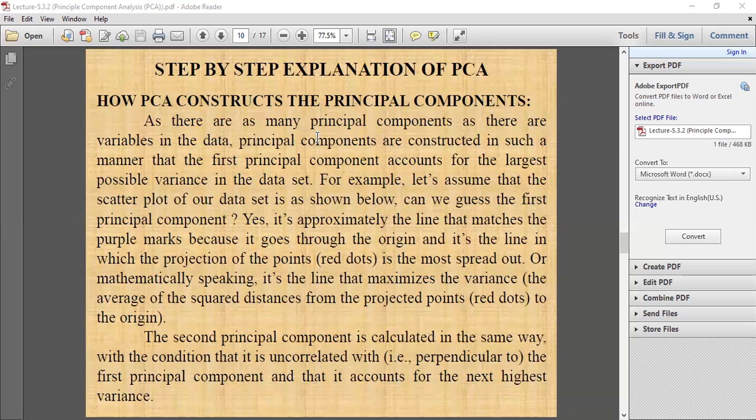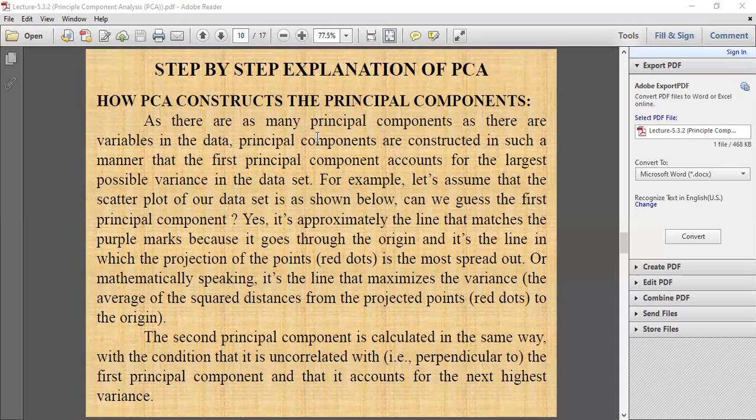So how does PCA construct the principal components? As there are as many principal components as there are variables in the data, principal components are constructed in such a manner that the first principal component accounts for the largest possible variance in the data set. For example, let us assume that the scatter plot of our data set is shown.